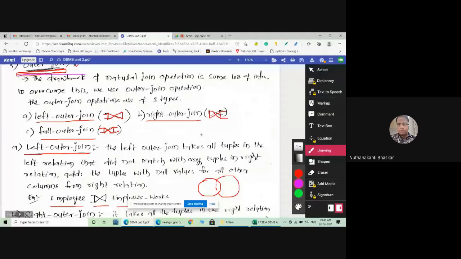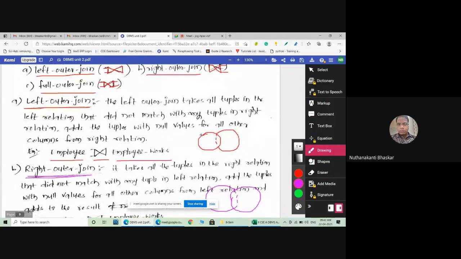Any tuple not matched is put as null. In the same way, in right outer join, all tuples of the right side table must be reflected, and from the left table only related tuples are reflected, with the remaining put as null. In full outer join, all tuples of both tables must be reflected, and any unmatched tuple gets a null value.